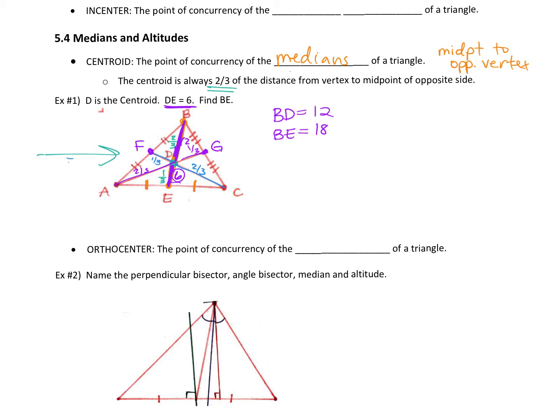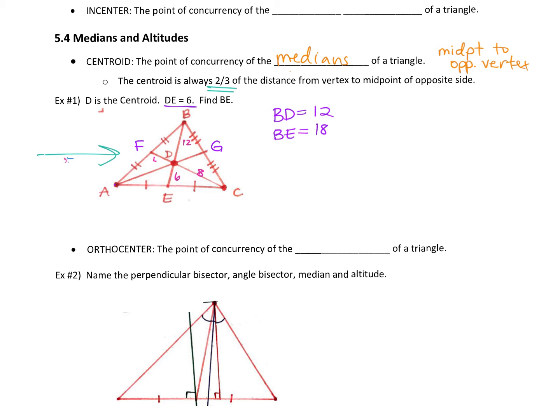2/3 and 1/3. Okay, I'm going to erase all of this so we have a clean slate to work from. So we said this was 6 and this was 12. What if I tell you that this is 8? DC is 8.